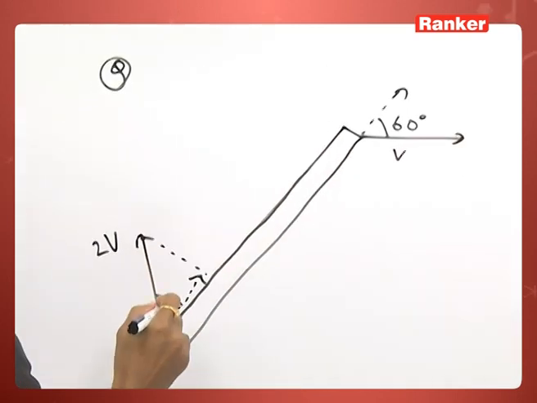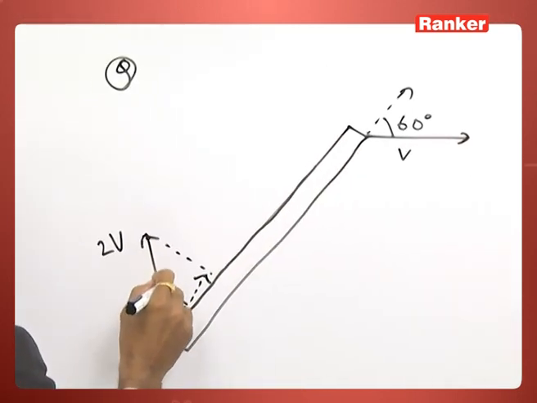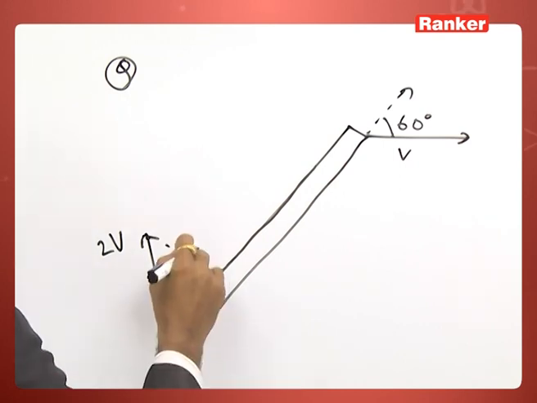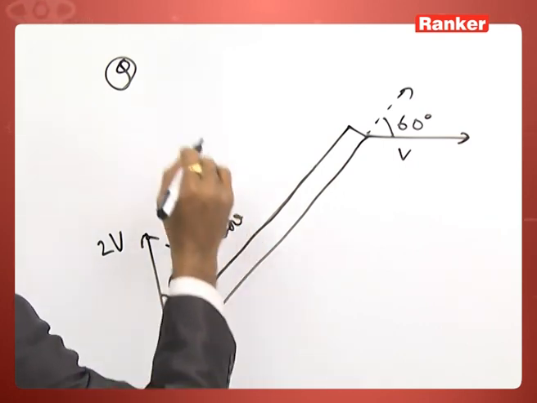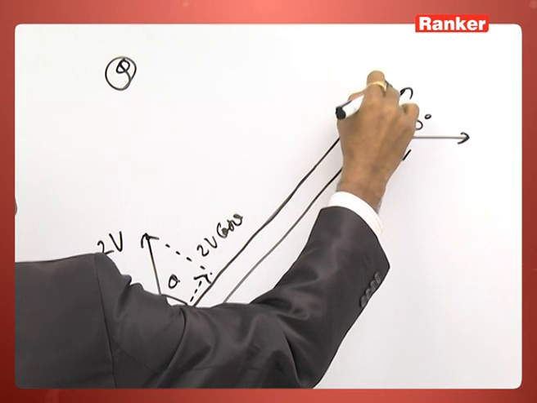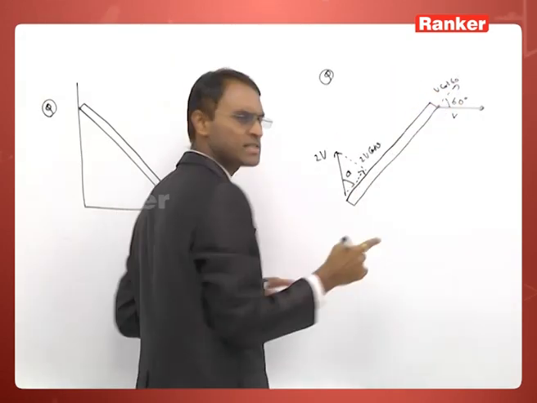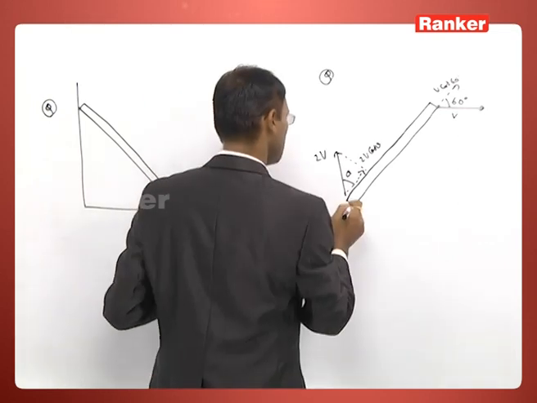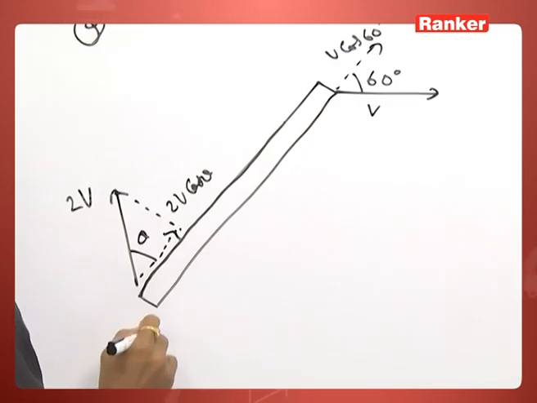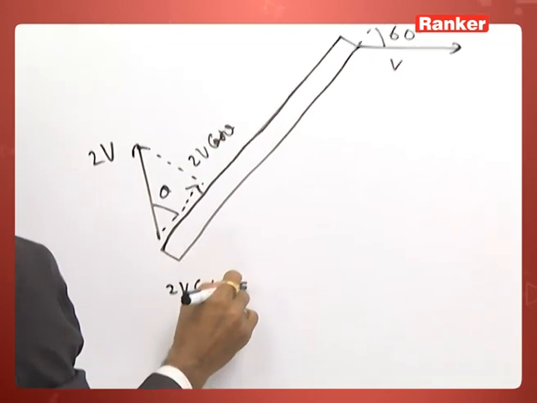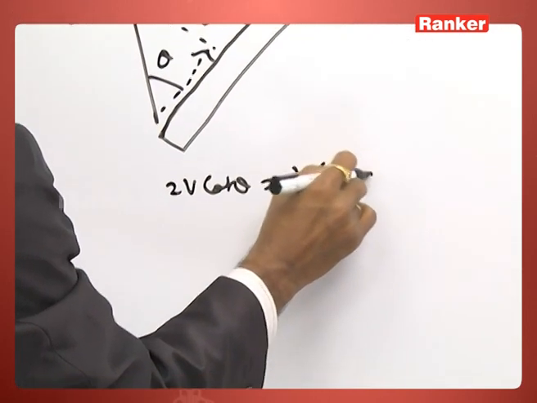So let it be theta. So this is 2v cos theta and this is v cos 60 degrees. Since the body is rigid along this line, there is no relative velocity. So 2v cos theta is equal to v cos 60 degrees.